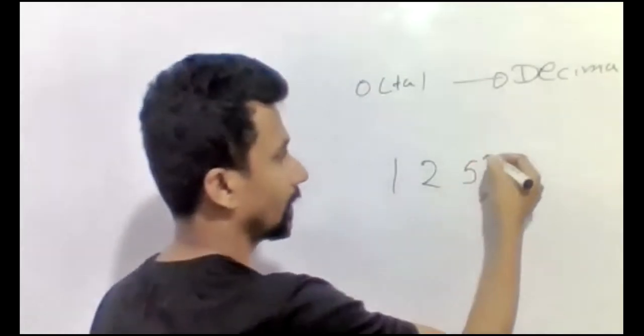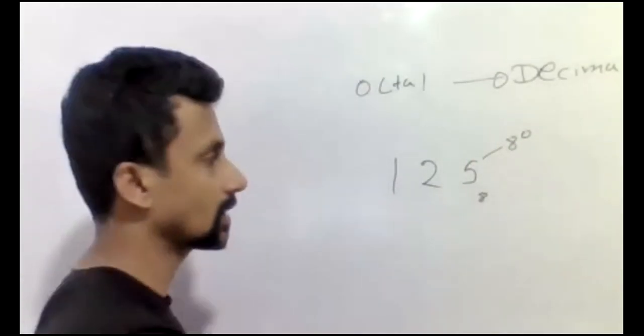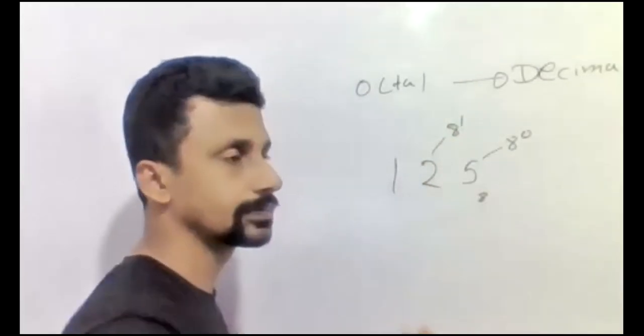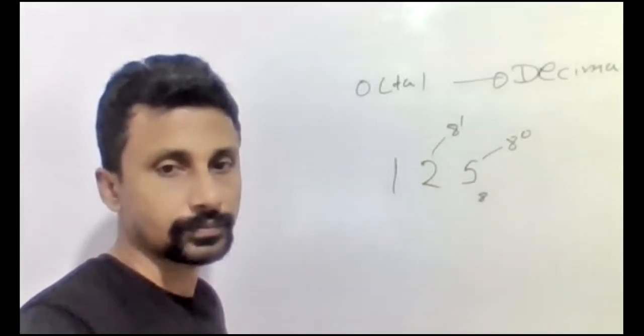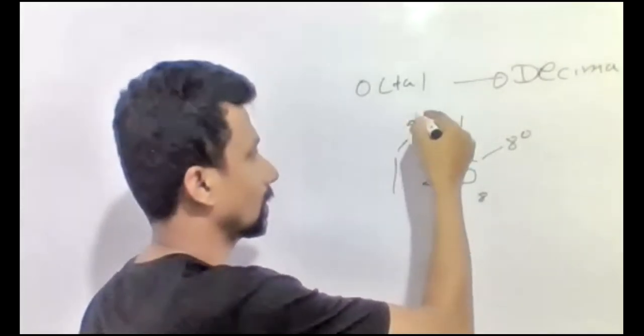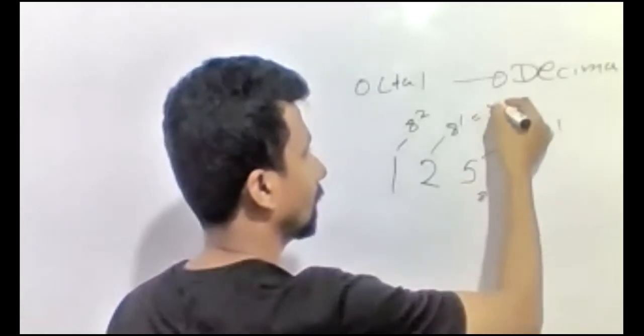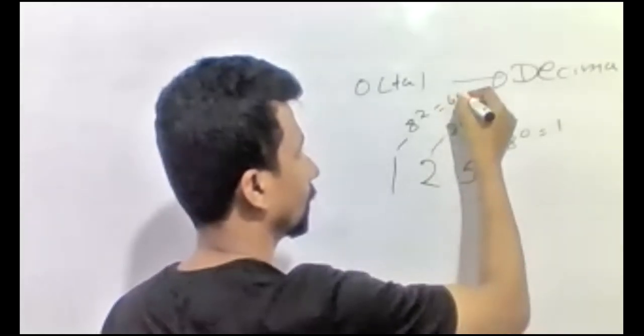It's the same way, but here we are putting the positional value as 8 to the power: 8 to the power 0, 8 to the power 1, and 8 to the power 2. So here you get 1, here you get 8, 8 to the power 2 means 64.